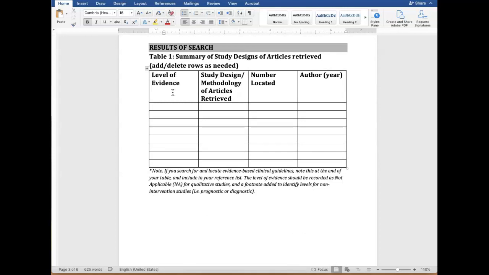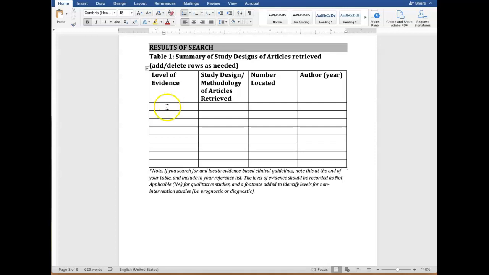So here's where the fun kind of begins a little bit. But what you want to do in these 2 tables that we're going to talk about is really put in all of the information in the CAP. This is probably where you'll spend the majority of your time in your critical appraisal topic. So the first table is a summary of the study designs of the articles that were retrieved.